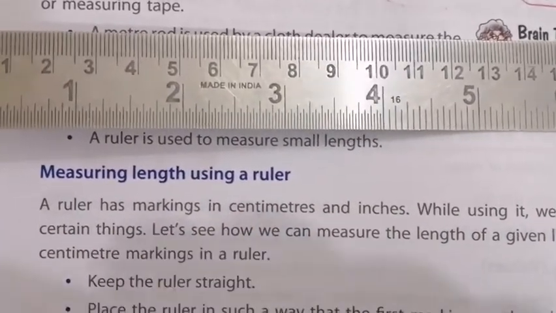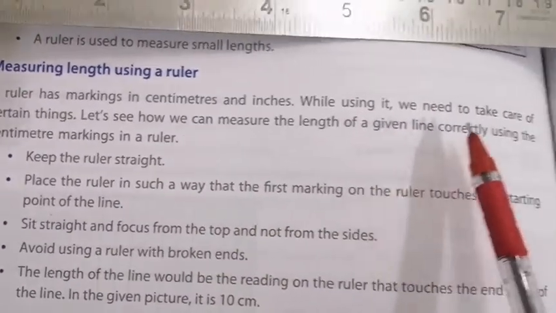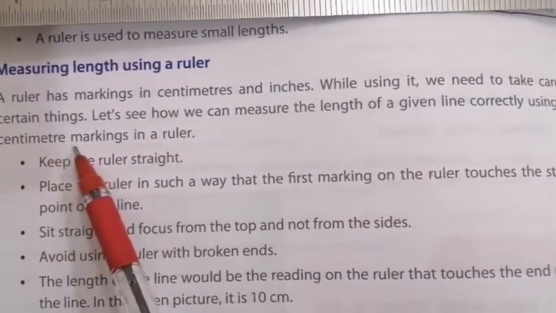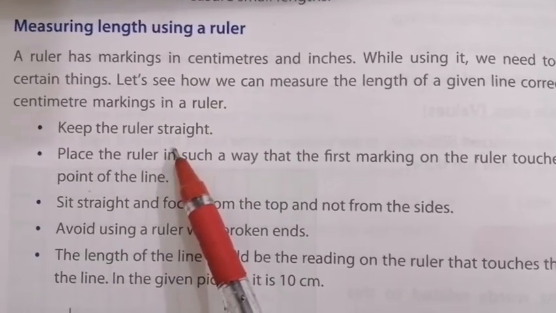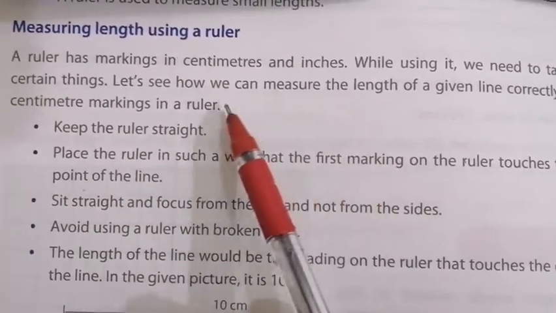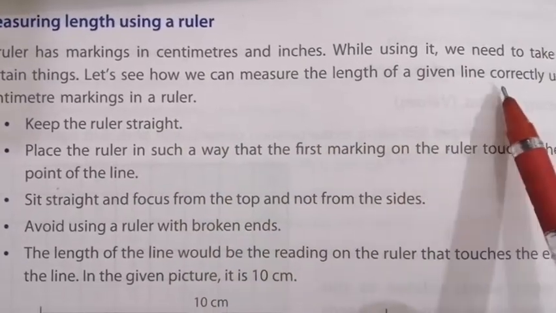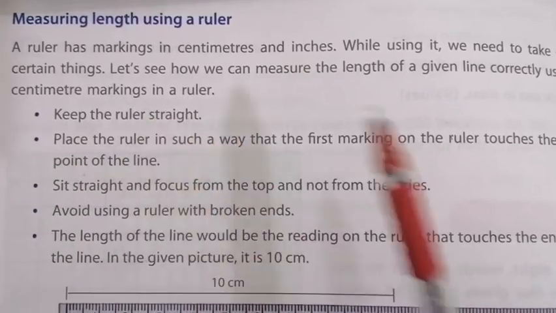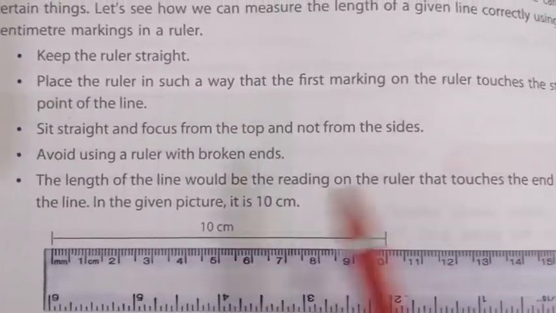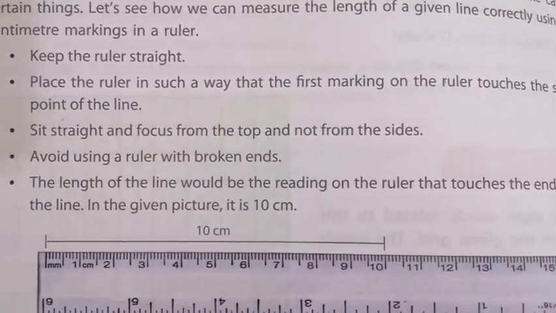Is it clear? So now while using it, we need to take care of certain things. While using a ruler, what are the things we should be careful about? Let's see how we can measure the length of a given line correctly using the centimeter markings in a ruler. First one, keep the ruler straight. What you should do?